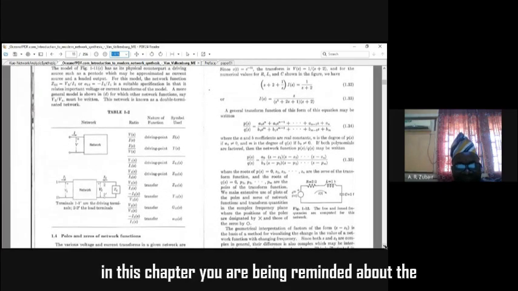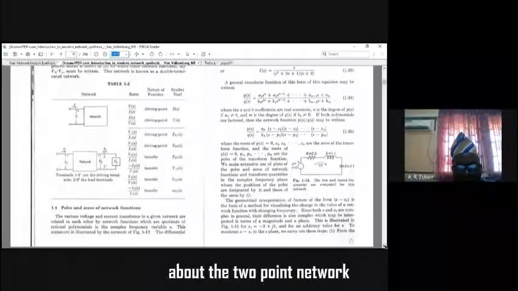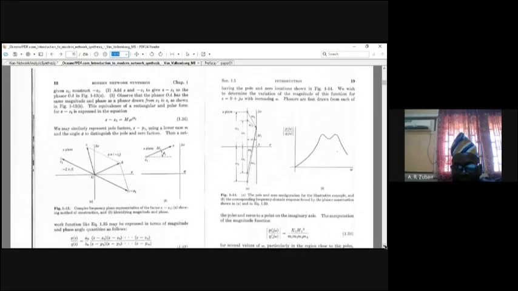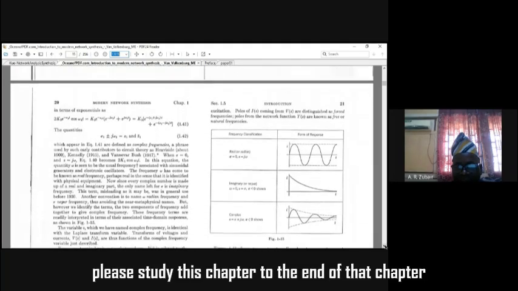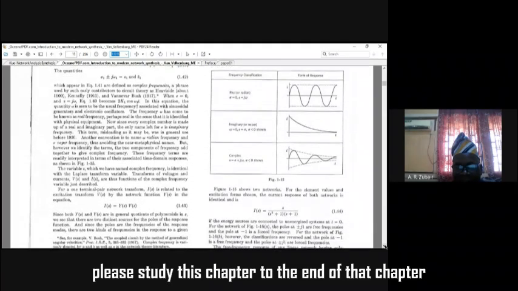In this chapter, you are being reminded about two-port network. Please study this chapter to the end.